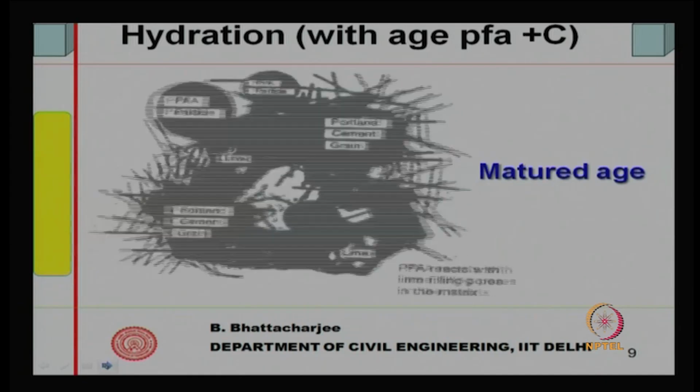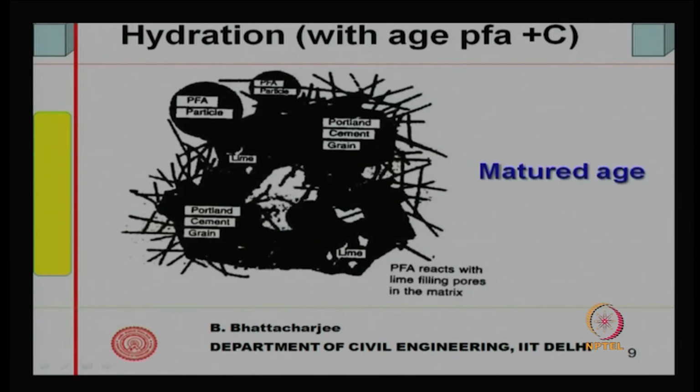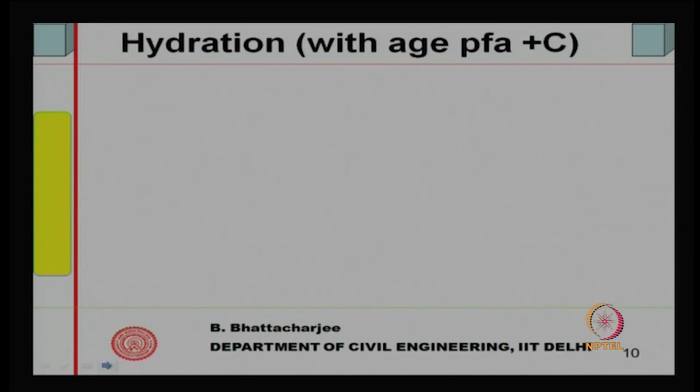And in mature age, this lime will start consuming this PFA, and the spherical PFA particle will get further consumed and reduce the capillary pores present in the hydrated cement system.